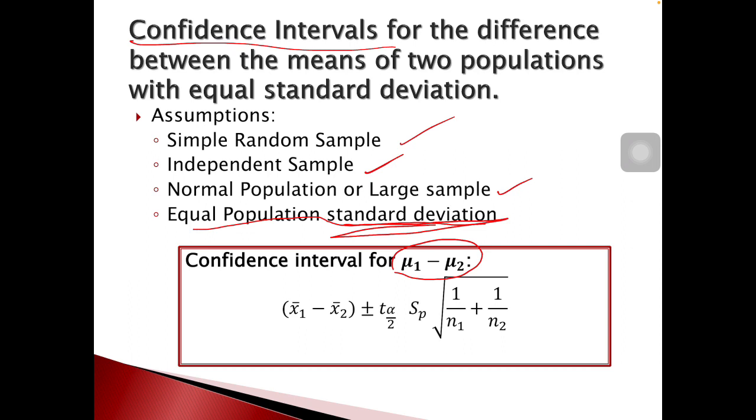Okay, so the confidence interval of mu1 minus mu2 you can find easily by rearranging the terms of the standardized t. You don't have to do that, we have given it for you, so simply you can use this formula. This formula gives you two values, a lower value and a higher value, because this is an interval. An interval always has a lower value and an upper value.